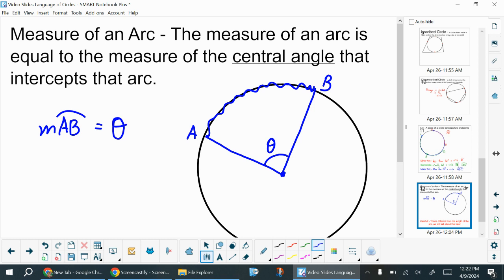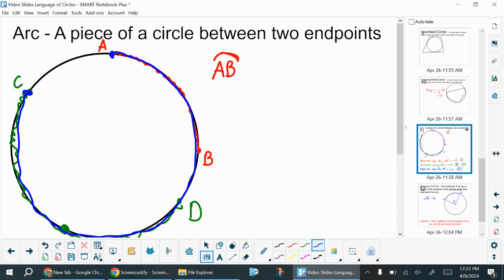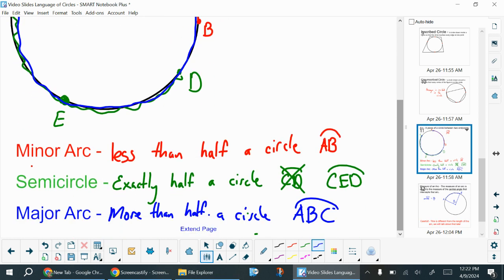Whatever angle theta is at the middle of the circle, arc AB has the exact same measure. And so if we kind of connect the dots back to this, another way to think about a minor arc would be that it has to be less than 180 degrees. Because half a circle is 180 degrees. A semicircle, exactly half a circle, has to be exactly 180 degrees. Remember, a full circle is 360, so half a circle is 180.